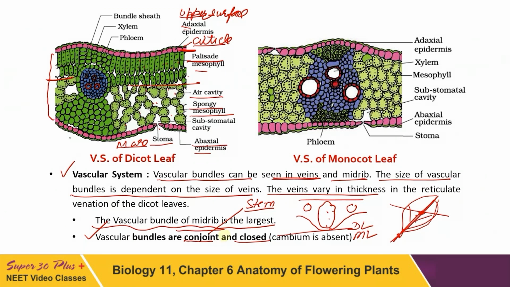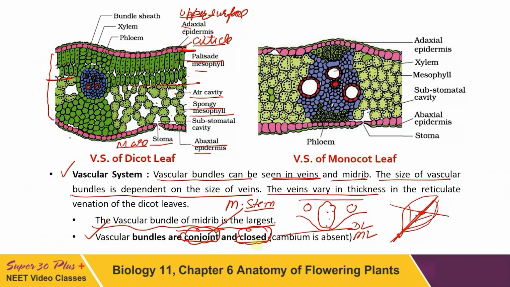That's why vascular bundles are conjoint and closed. We can say these are almost similar to the monocot stem, because in the monocot stem also the vascular bundles are conjoint and closed. Before we proceed to the monocot leaf, we have to see the details of this dicot.